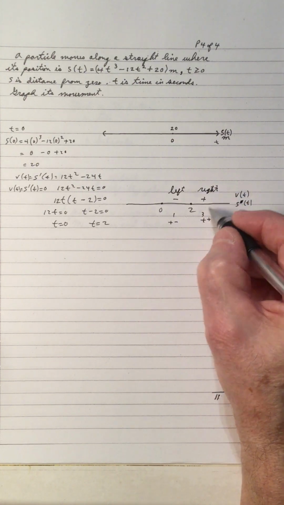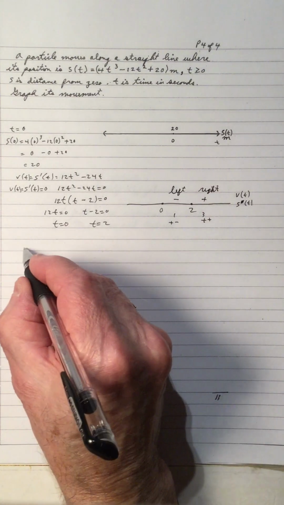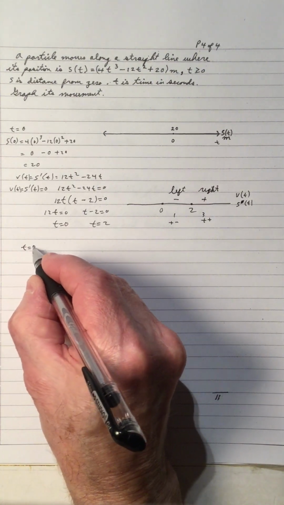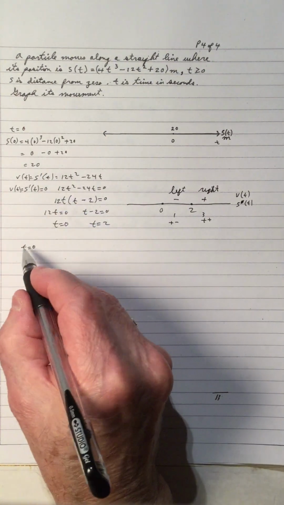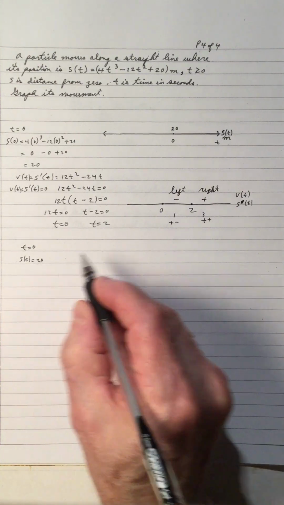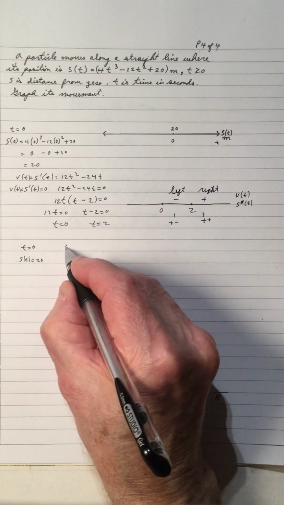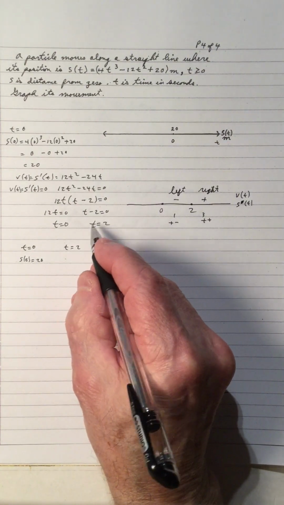So that's what this is telling me. If it's moving to the right, again at t equal to 0, that's the same as here, which means s of 0 gives us 20. So this is the position here, 0 is a 20. So what does t equal to 2 give me?